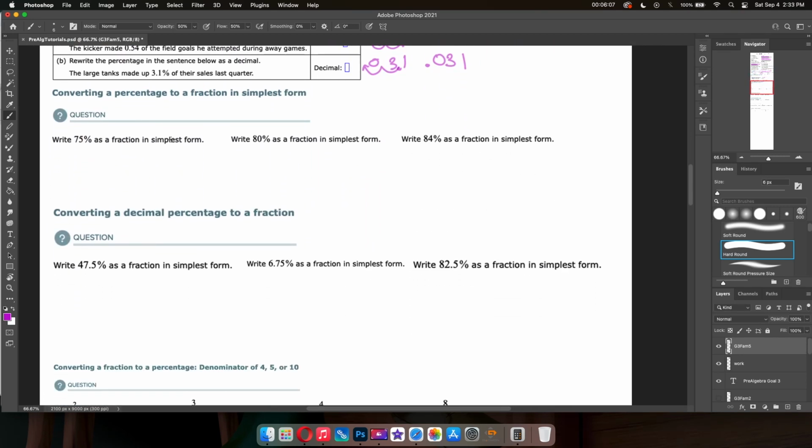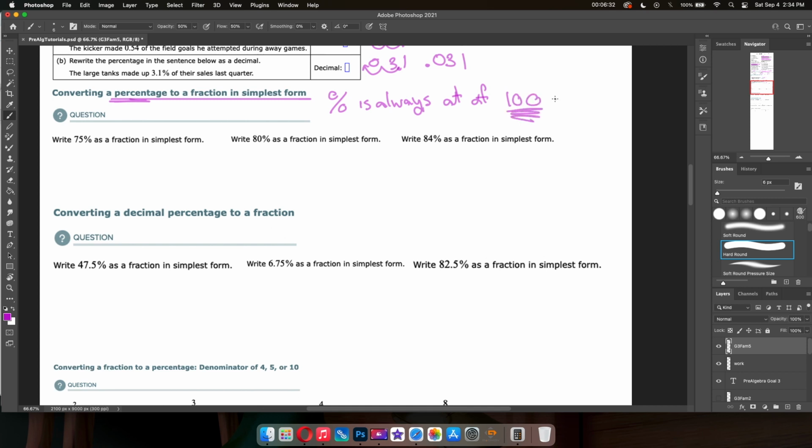So next, converting a percentage to a fraction. So now we're going percentage to a fraction. Since, and this was in the last video's notes, a percent, I'm just going to write the percent symbol, is always out of 100.